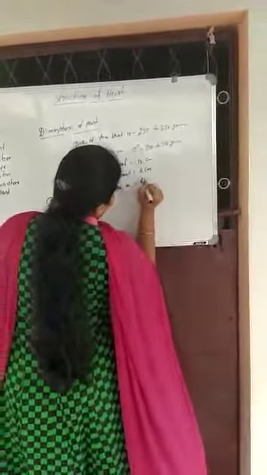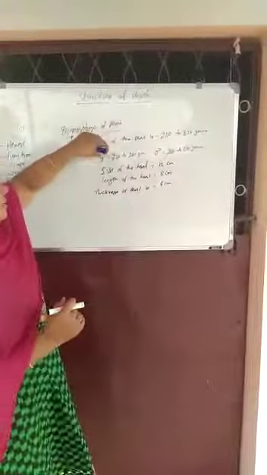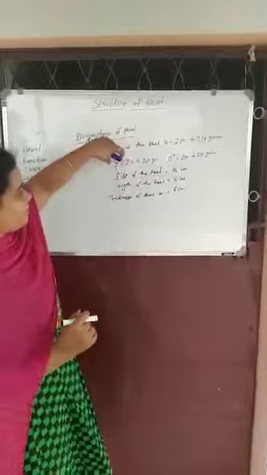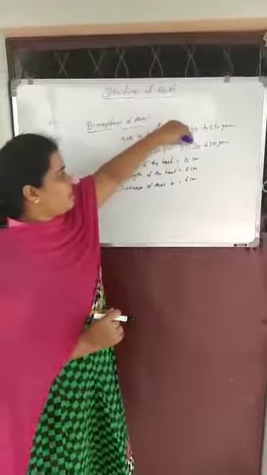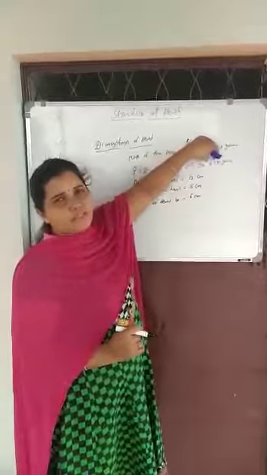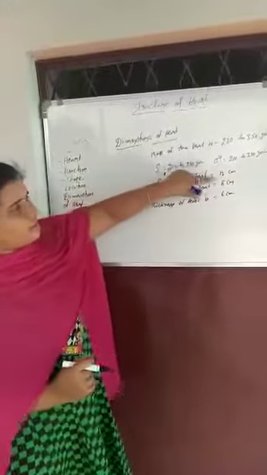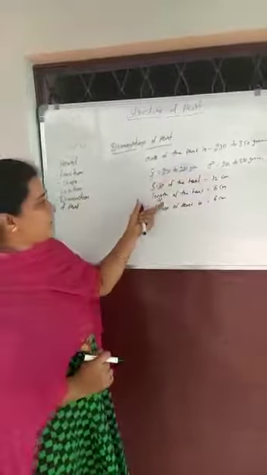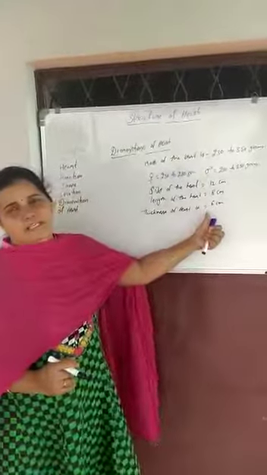So in adults the mass of the heart is 230 to 350 grams, but it varies in males and females. In females it is 230 to 280 grams, and in males 280 to 350 grams. The size of the heart is 12 centimeters, the length 8 centimeters, and the thickness 6 centimeters.